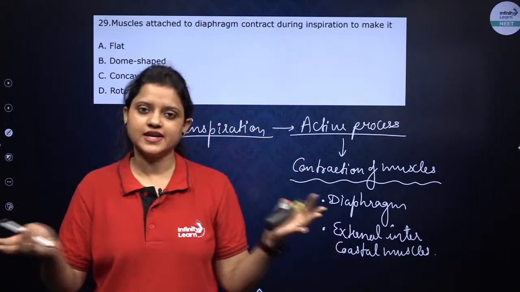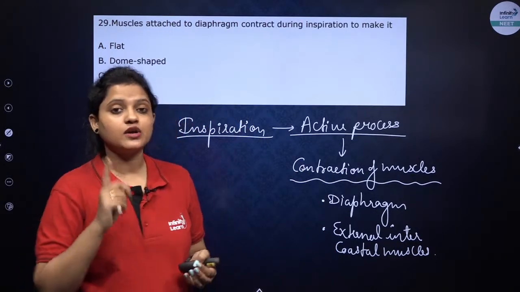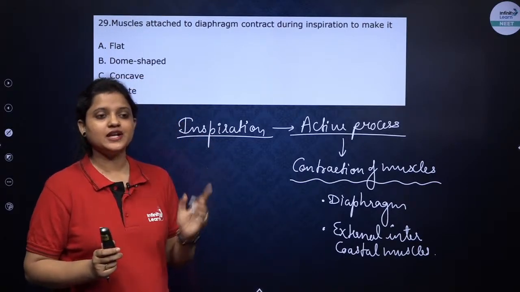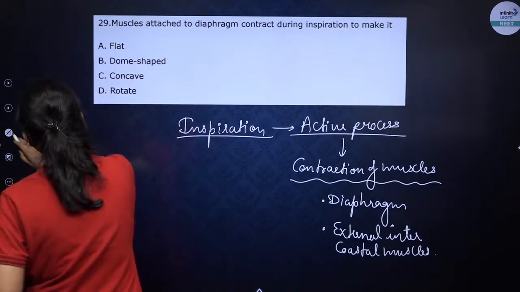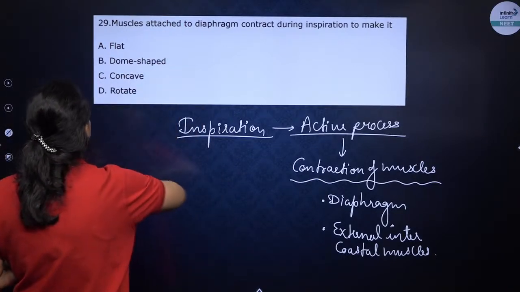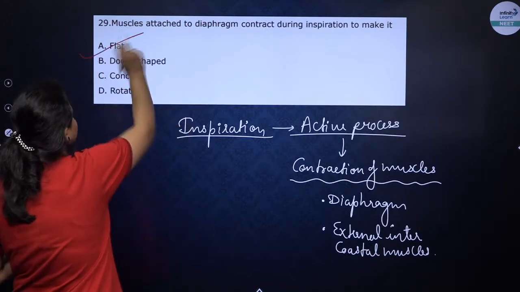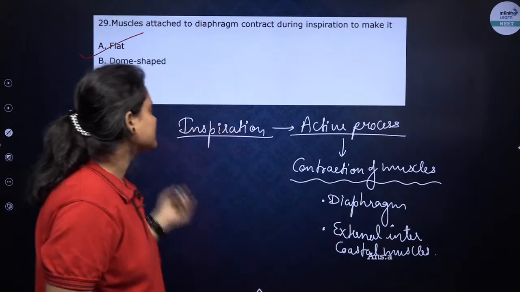So volume will increase, pressure will reduce. That's why the air will come from environment inside your lungs. So diaphragm is initially dome shaped. Because of contraction it will flatten. Very good, Pujita and W. Correct option will be inspiration के time पे it will flatten. So correct option is A. Okay, correct option is A and not B.